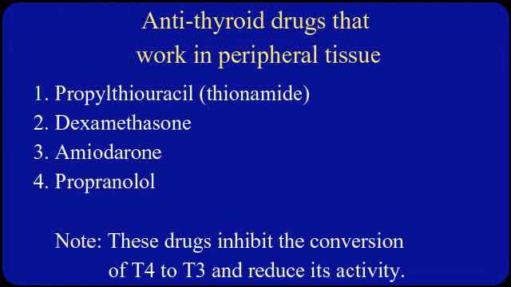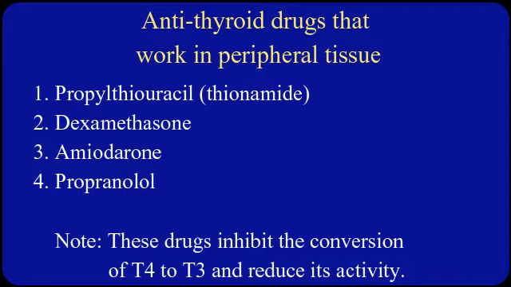release. There is another category of antithyroid drugs that work in peripheral tissues and not directly on the thyroid gland, and examples are number 1, propylthiouracil or thionamide, number 2, dexamethasone, number 3, amiodarone, and number 4, propranolol.